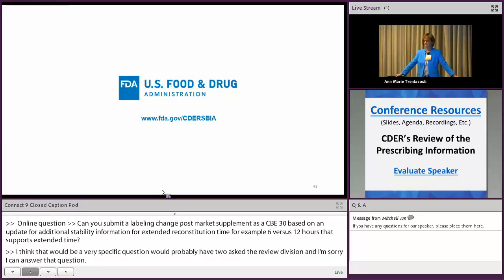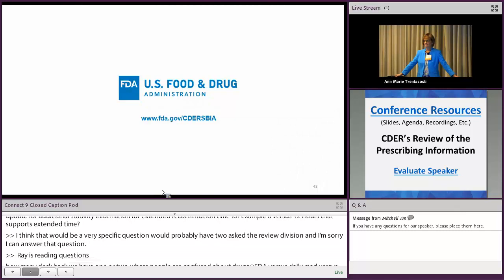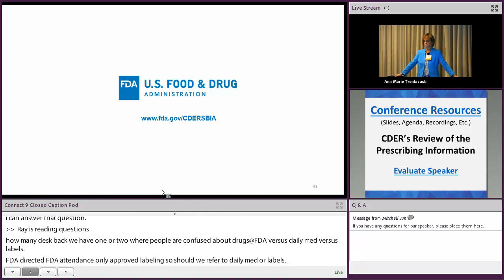We have one or two where people are confused about Drugs@FDA versus DailyMed versus labels.fda.gov. Drugs@FDA contains only approved labeling, so should we refer to DailyMed or labels.fda.gov since these are also maintained through FDA? And would they have the minor labeling changes in those versions as well?